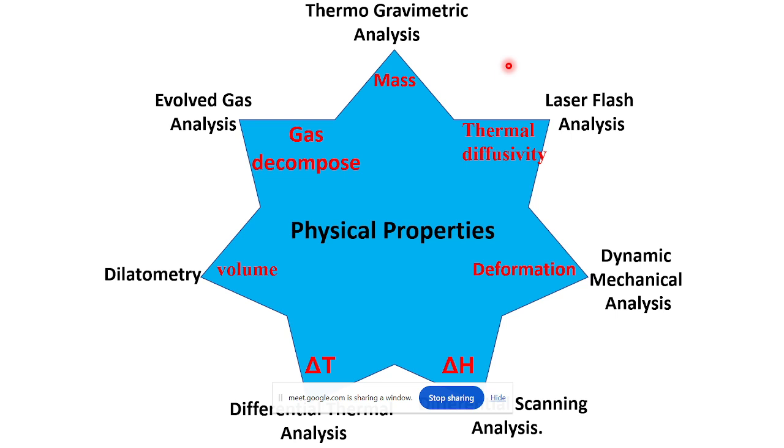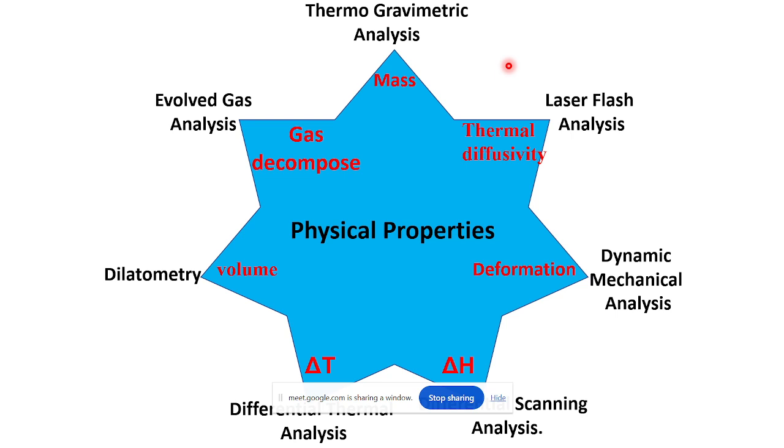Now if someone is doing the same test with the same temperature range, but performing that experiment at a 5 degree centigrade increment per minute, there will be a slight change in the weight loss. If someone is performing at a higher rate, the degradation temperature will be slightly shifted to the higher temperature side.